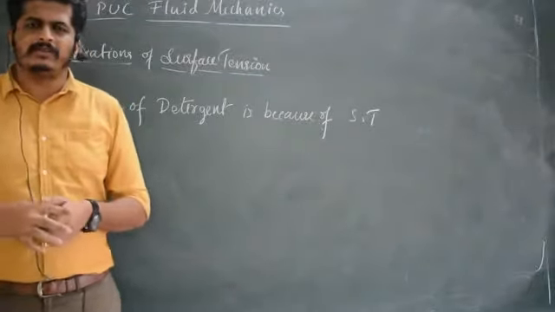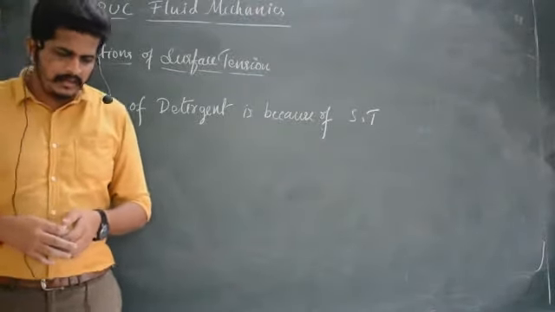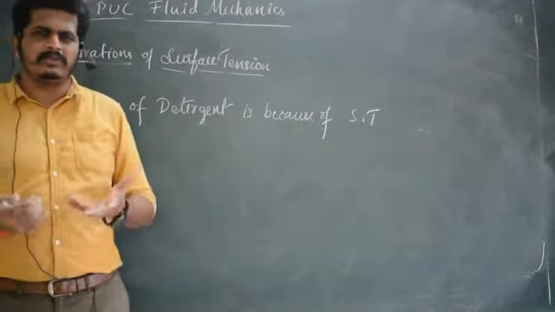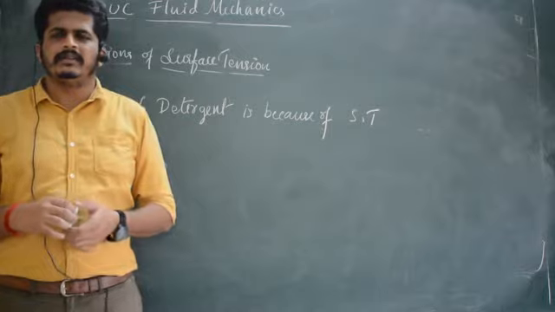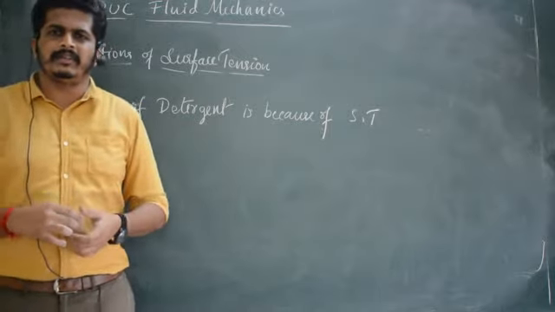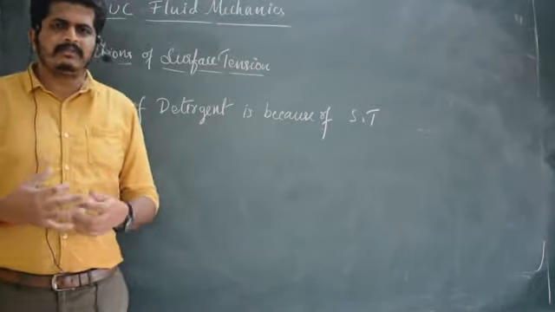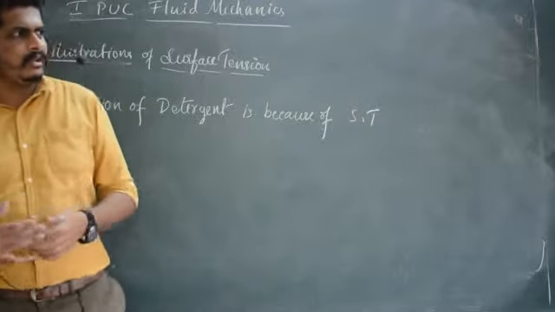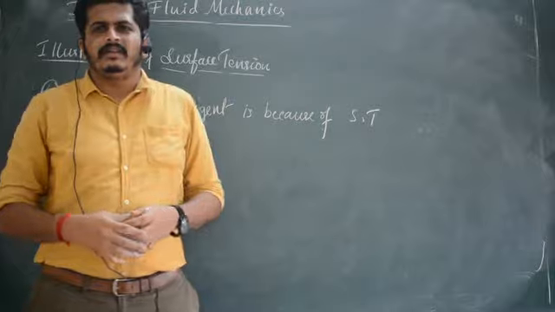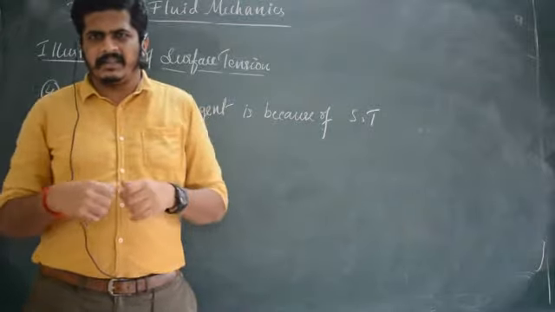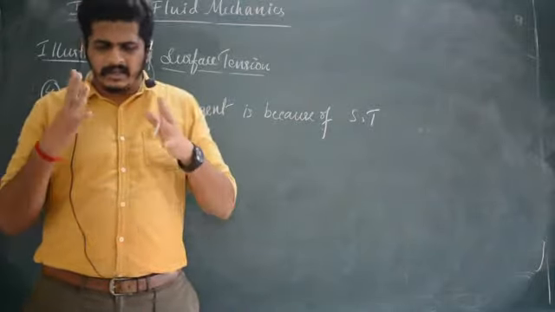Surf Excel, Ariel, so many things are there, right? Initially what we do, we will take a bucket, or usually a washing machine will be there in everyone's house. We have to put Surf or whatever detergents. What the detergents will do, in TV shows and all, they will show some animation, some punch and all, like for dirt, and somebody will be washing inside in the animation. Not like that.